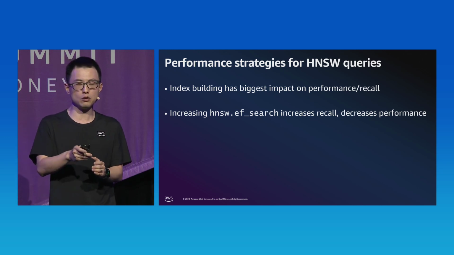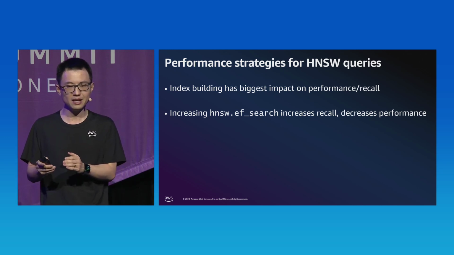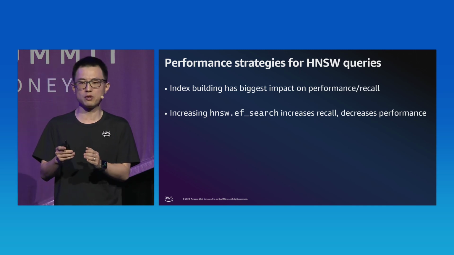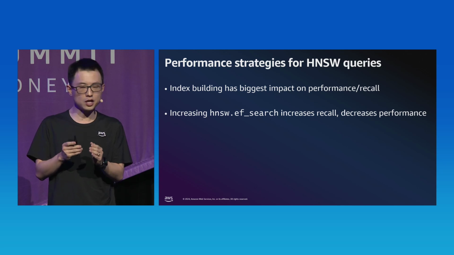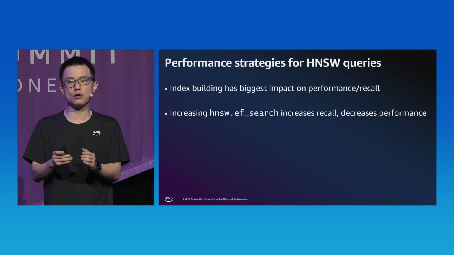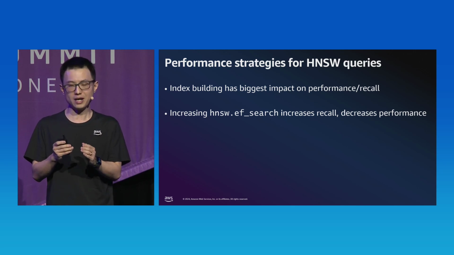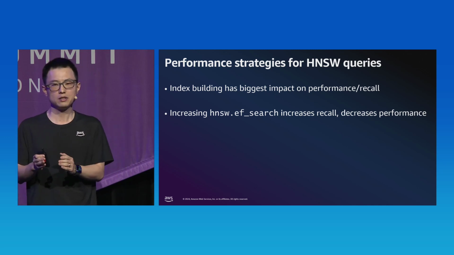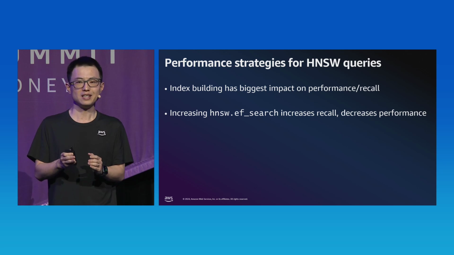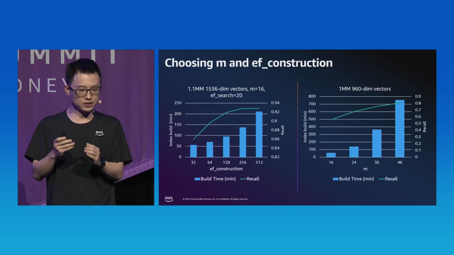I will go through that very shortly. Another way to tweak your performance is to increase ef_search to increase your query recall, but that will decrease your performance. I think the better way to tweak your query performance is in the index building stage.